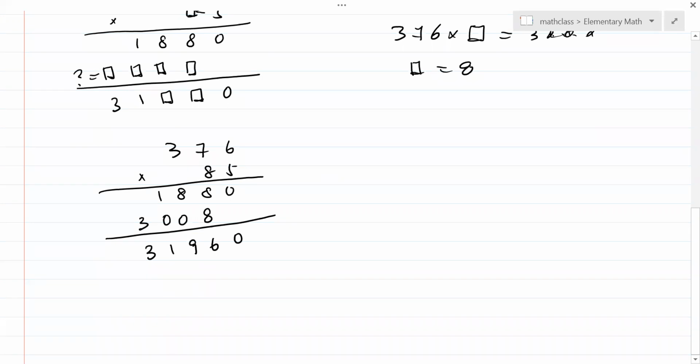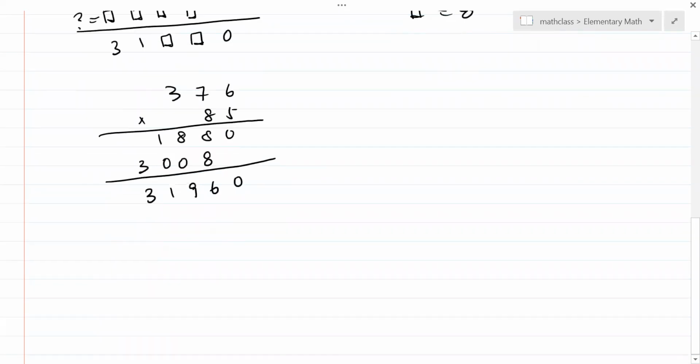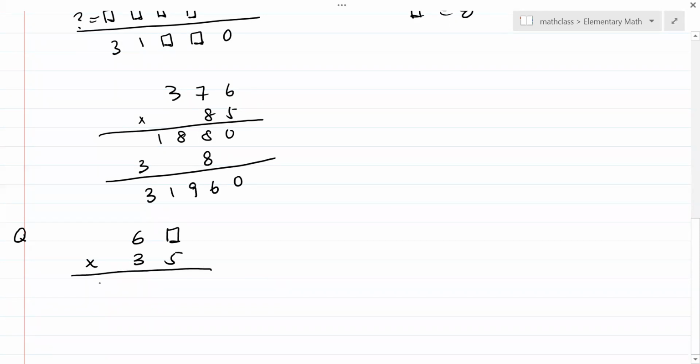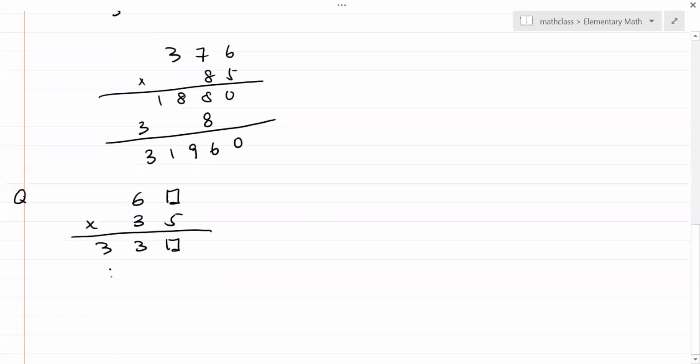Let's try another problem. Okay, then this multiplication is a little bit difficult. So it's 60 something times 35. And that is going to be 330 something, and then the next one is 100 something 8.